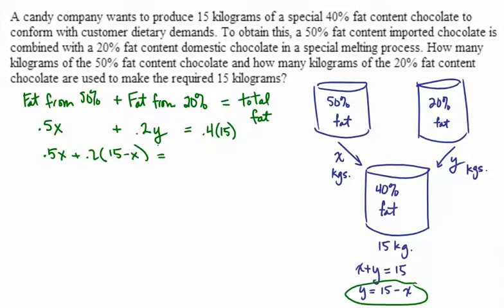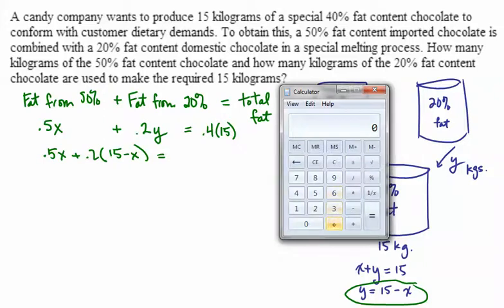And I'll use my calculator to find 0.4 times 15, which is 6. And what that really means is that out of the 15 kilograms, 6 kilograms of that is fat content. Not a very appetizing thought, but that's how much fat is in it: 6 out of 15 kilograms is fat.